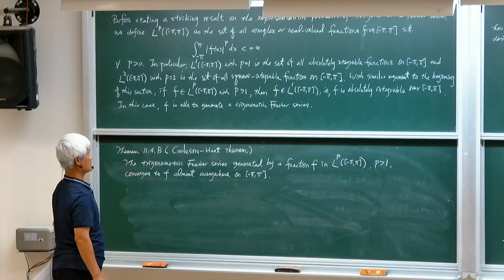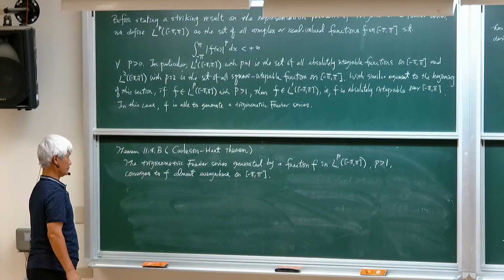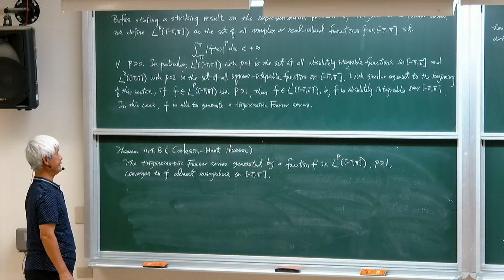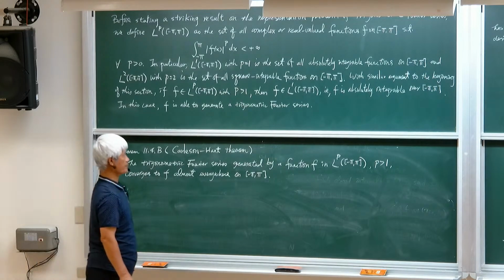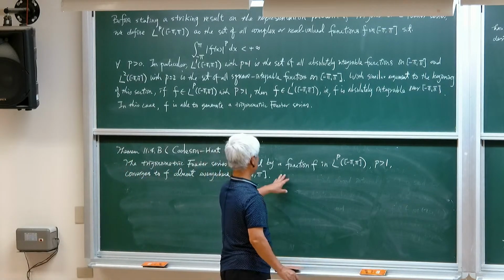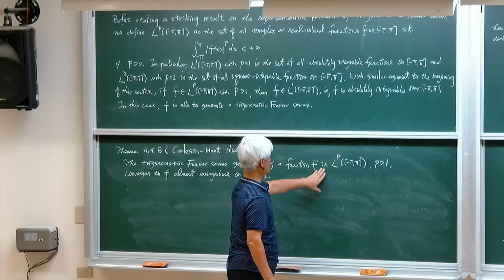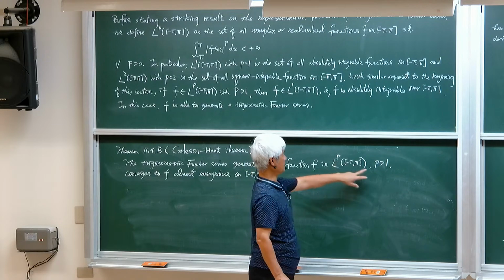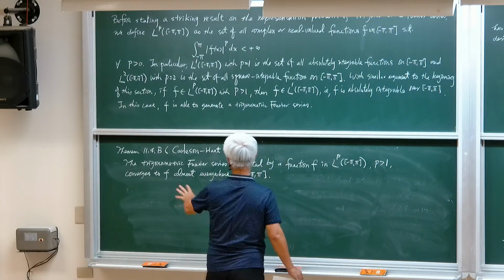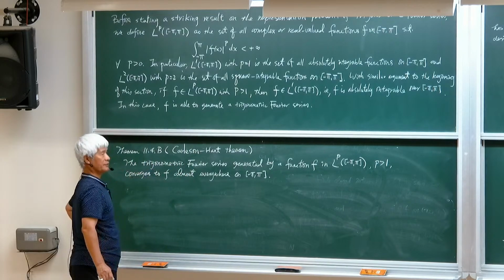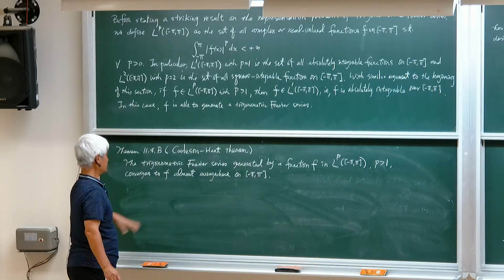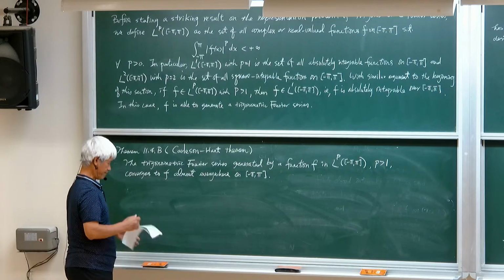So this is a very general result. Whenever we have a function f in LP space where p is greater than 1, then the generated trigonometric Fourier series converges to f almost everywhere.